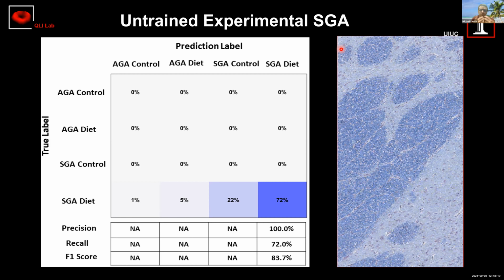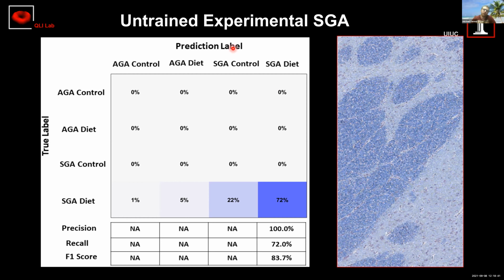So this is a slide that we hadn't introduced to the model whatsoever, not training, not validation, not test. And this happened to be one associated with a piglet before it was euthanized, fed an experimental diet of hydrolyzed fats, and was small for gestational age. The results were pretty good. They were actually fairly encouraging.